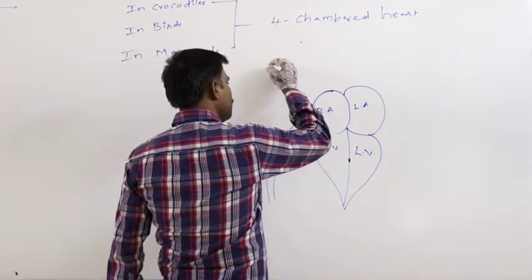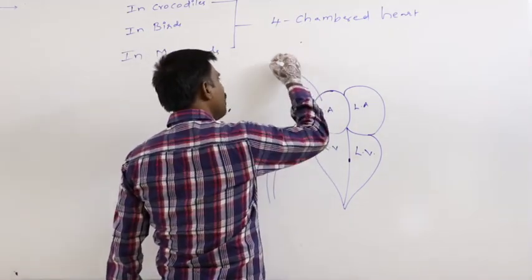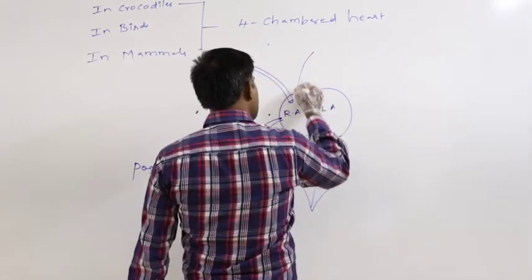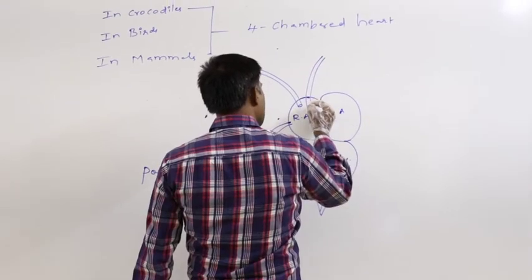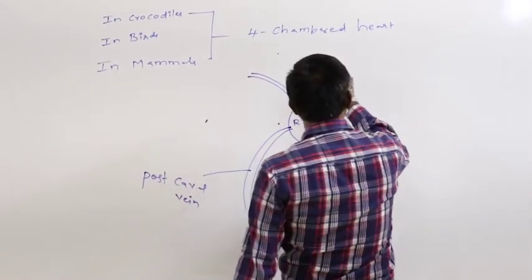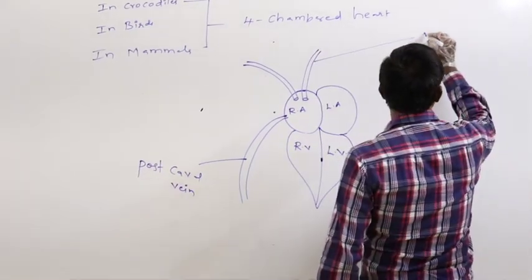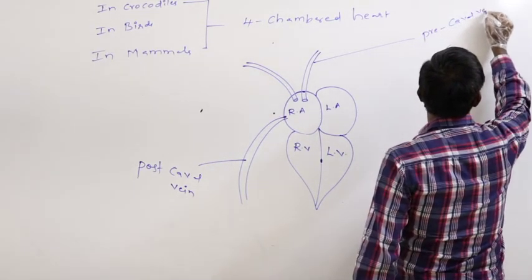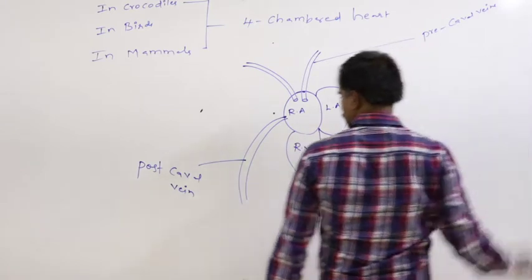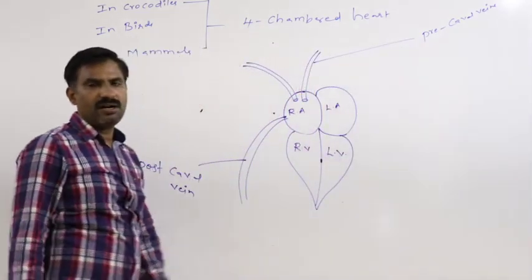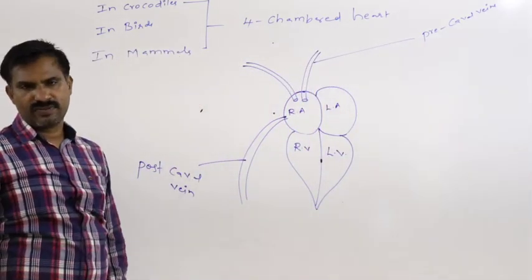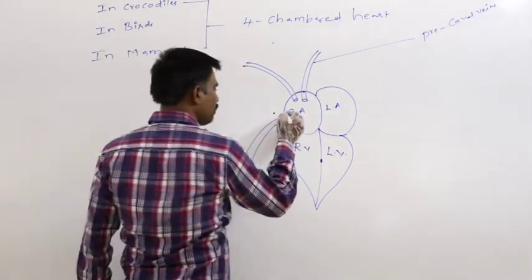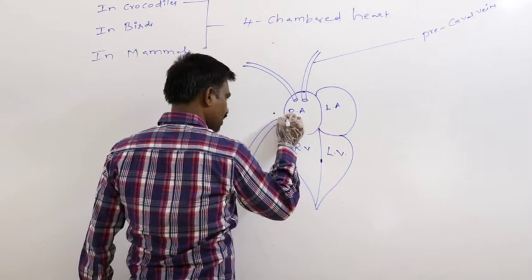Again, these are the precaval veins. Right atria always receives deoxygenated blood from the various parts of the body through caval veins.